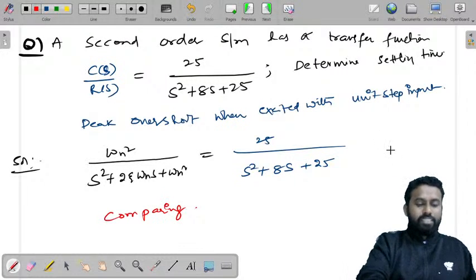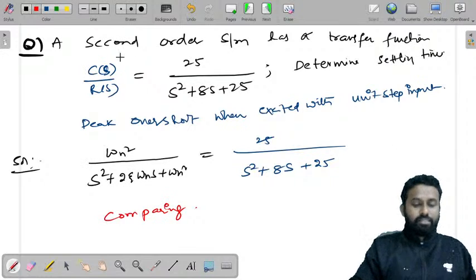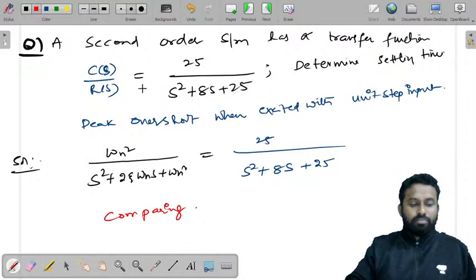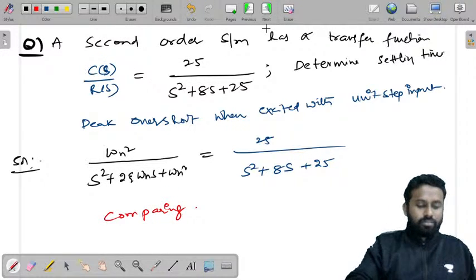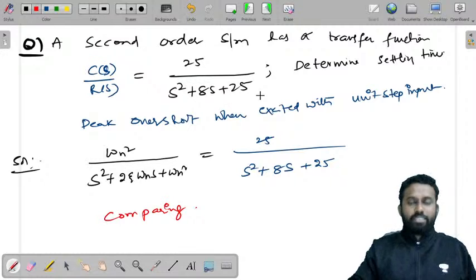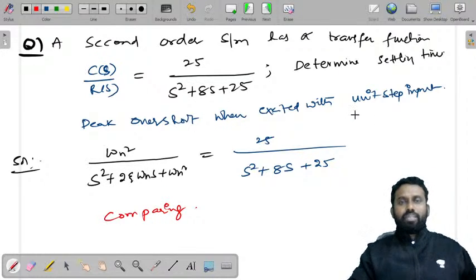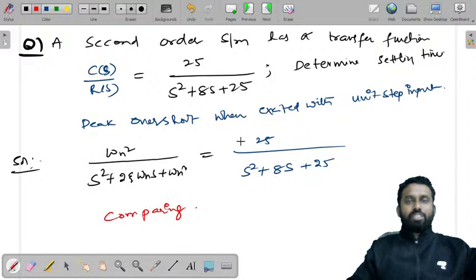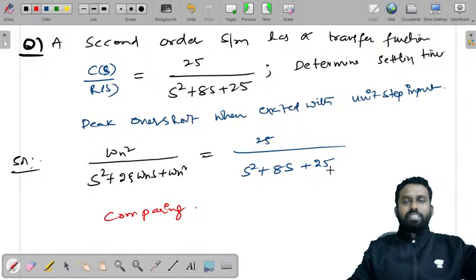The question given is, a second order system has a transfer function 25 by s square plus 8s plus 25. Determine settling time and peak overshoot when excited with the unit step input. So just compare this equation with omega n square by s square plus 2 zeta omega n s plus omega n square, with 25 by s square plus 8s plus 25.